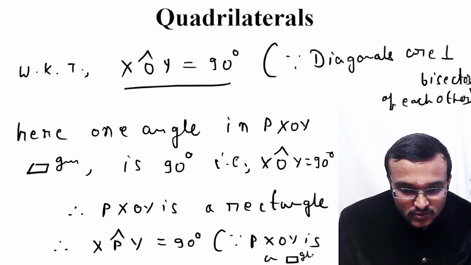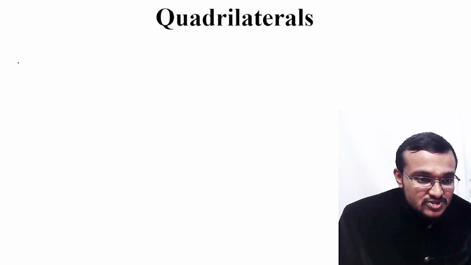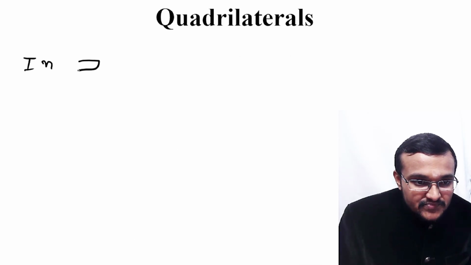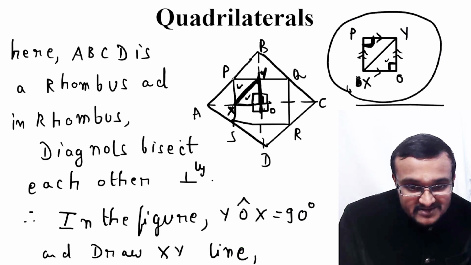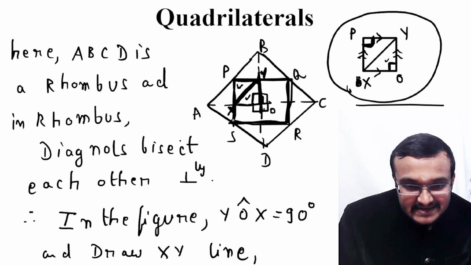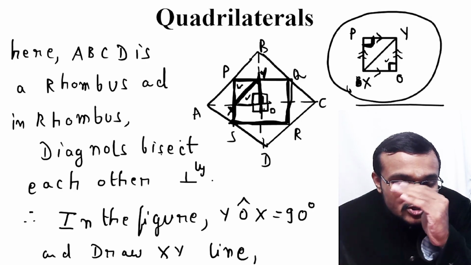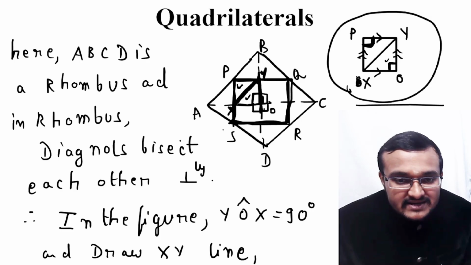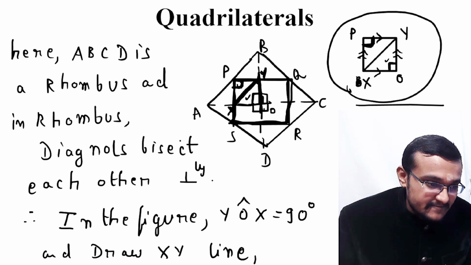Now we have considered this bigger parallelogram PQRS, and we need to prove this bigger parallelogram PQRS is a rectangle. In this PQRS, XPY is equal to 90 degree means SPQ is 90 degree. So that means this particular angle is already equal to 90 degree.